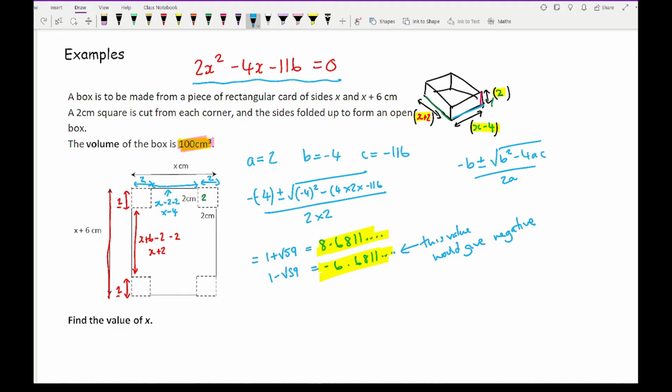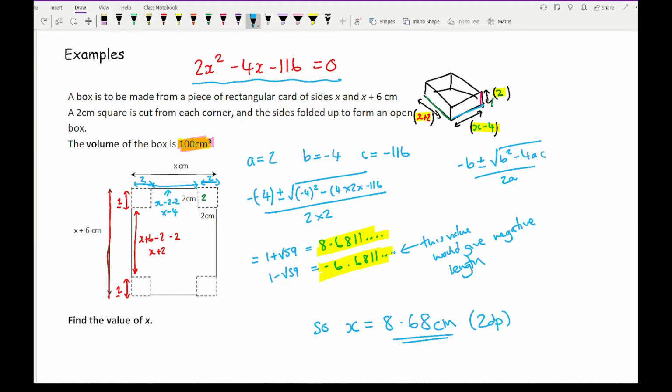So always make sure you understand what it is you're actually looking at. So x equals 8.68 centimeters to 2 decimal places, and there is my final answer.